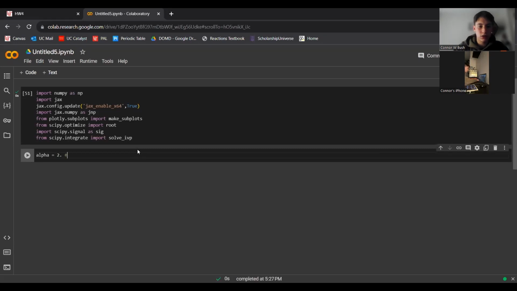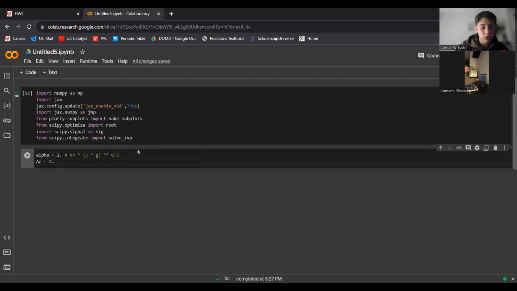And just a reminder, alpha is equal to the cross-sectional area of the hole at the bottom of the tank multiplied by 2 times g to the power of 1/2, or the square root. And then we're given the cross-sectional area of the tank AC, which is equal to 2 square meters.